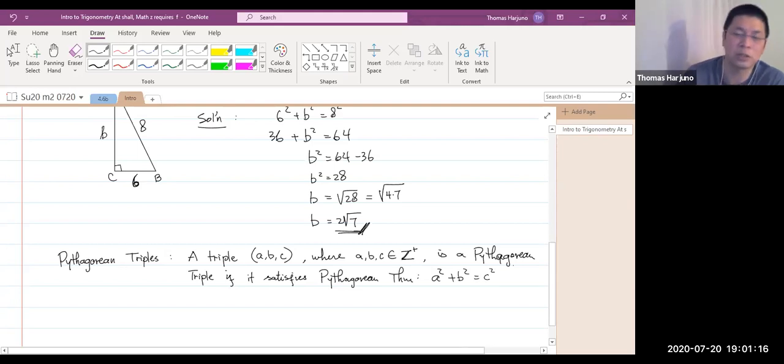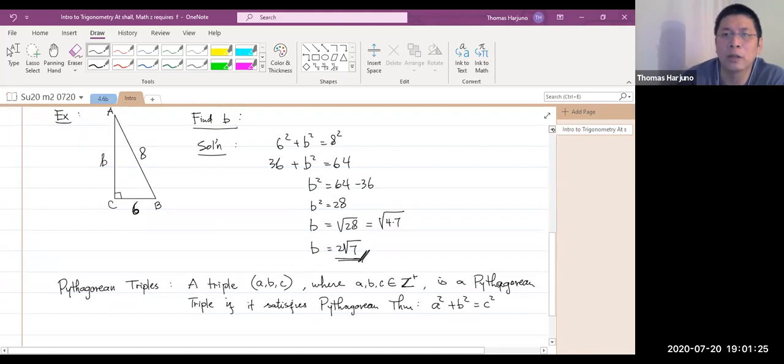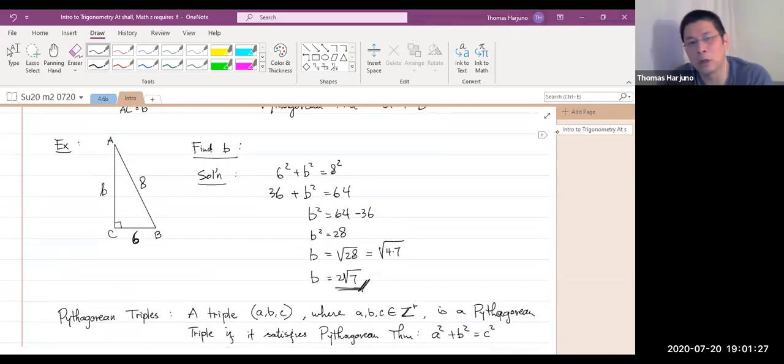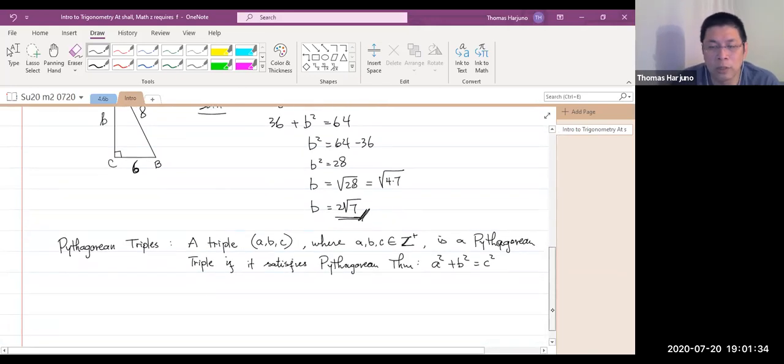Of course, C will be the largest number. And we know, again from trigonometry, that the hypotenuse is always the longest of these three sides.